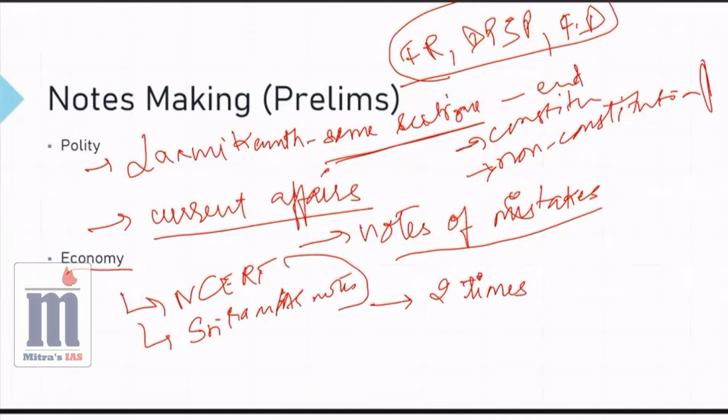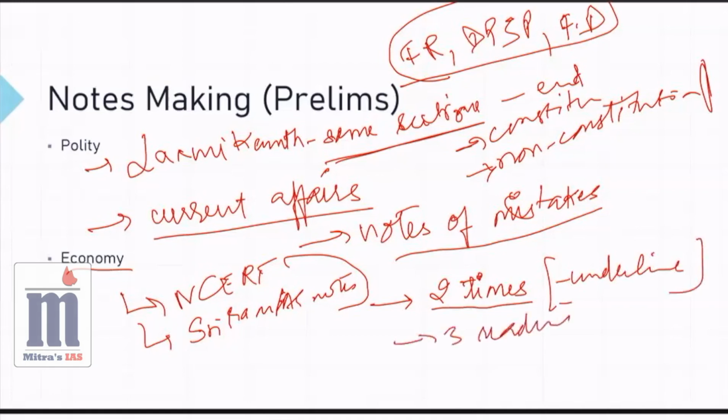So after reading it two times, start marking, like underlining the important points, and then give it a third reading. You should underline during your second reading. In the first reading, you will end up underlining everything.